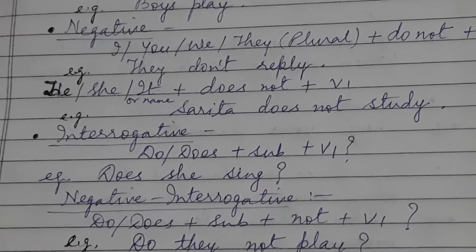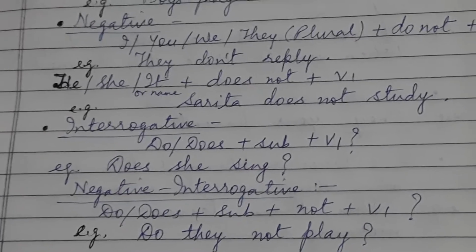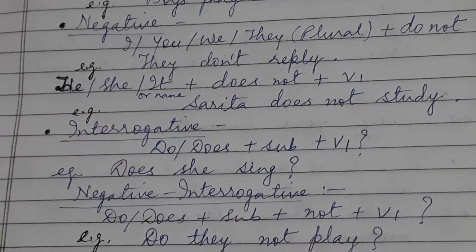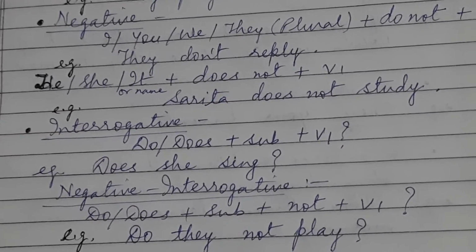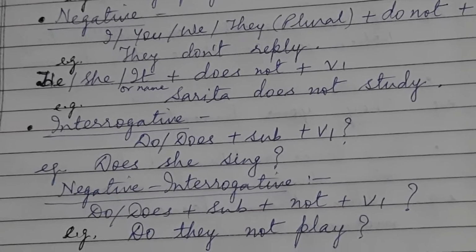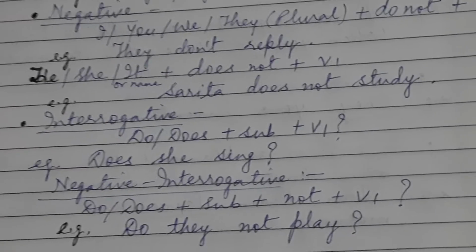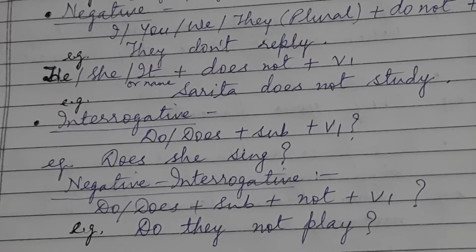Now what do we do for he, she, meaning third person? For third person we cannot write do not or don't, so here we add es and make do as does. So it becomes does not or doesn't. D-O-E-S-N apostrophe T. Okay, and the rest of the format is the same.